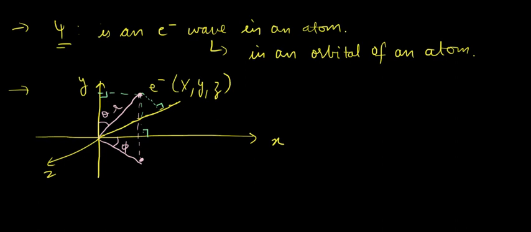Let's discuss the angular and radial parts of the hydrogen atom wave function. Before going into that, let me write that x is equal to r sin theta cos phi.